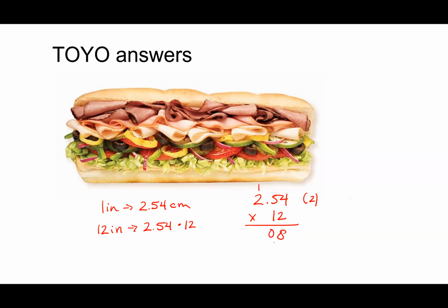So great job. 2 times 2 is 4, plus 1 is 5. What did I do here? I switched it. It's 12 times 2.54. Right there. You can do it. We line up digits, not decimals.